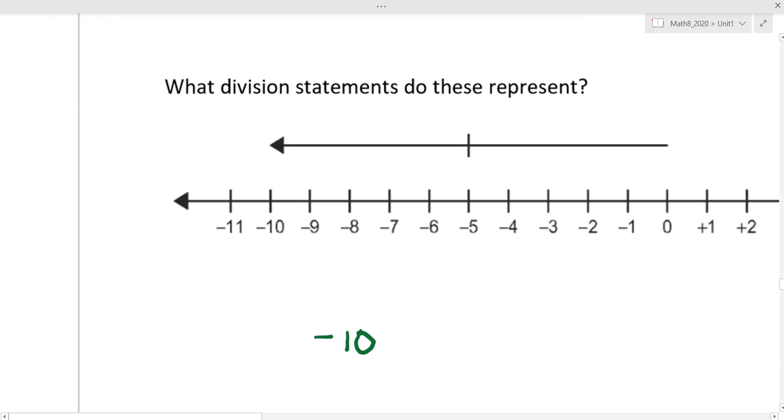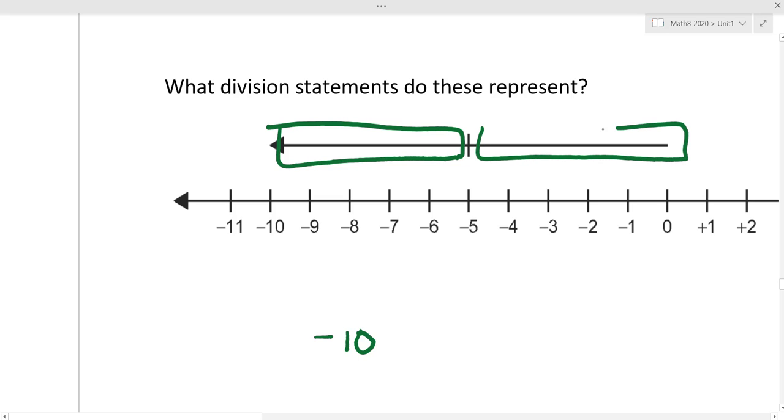Look at the screen, other side of the page, bottom left. Oh, all right, my bad. Yeah, so there you go. And this arrow is broken into 2 pieces. So we're dividing it into 2 pieces. And how long is each piece? 5, or negative 5 in length. So that's a division statement on a number line, okay?